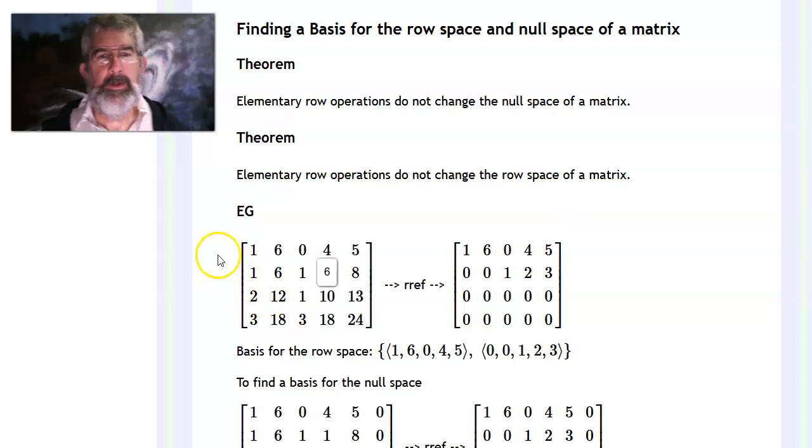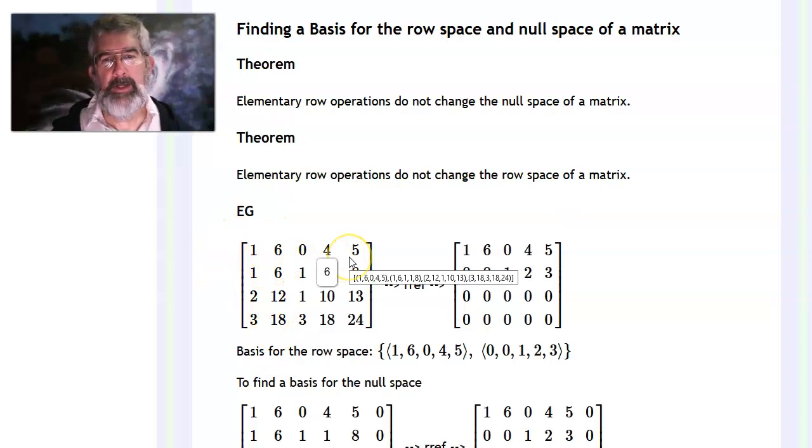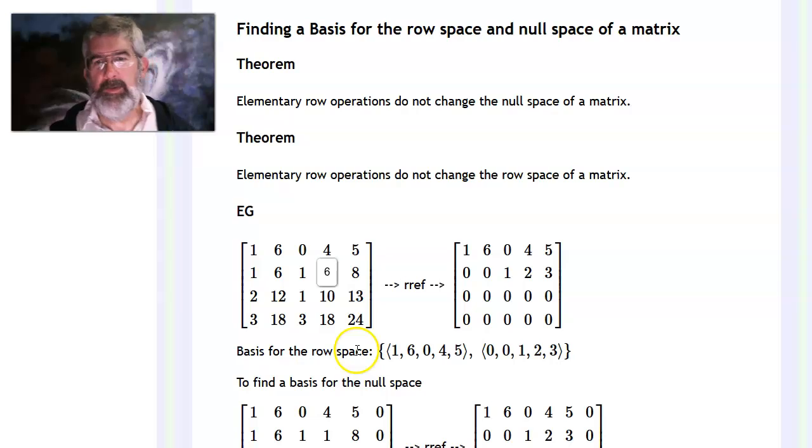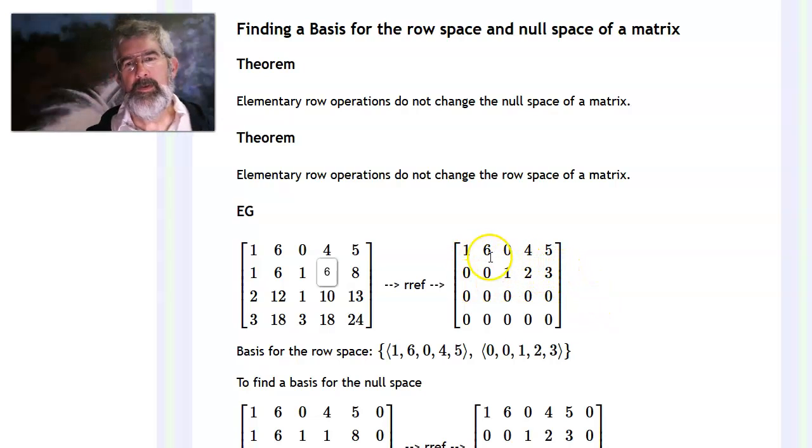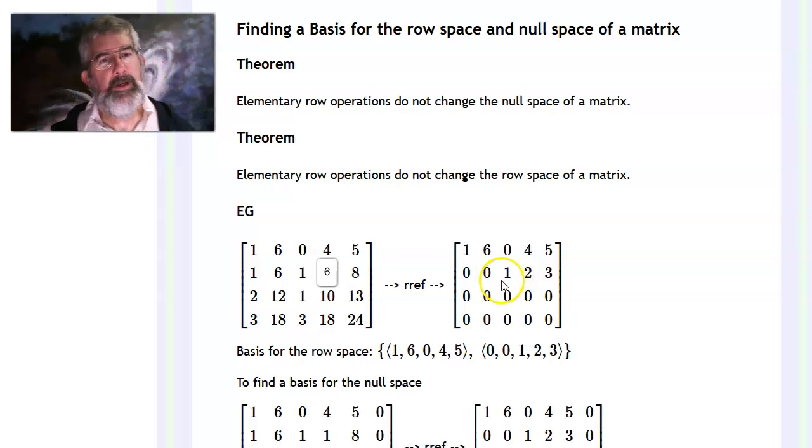So here's an example here. Let's take this 4x5 matrix and put it into reduced row echelon form. So here it is in reduced row echelon form over there. The thing I notice here is that 2 of the rows went to zeros and 2 of the rows didn't. And in fact, those 2 rows that didn't, it is clear to me that they're independent.